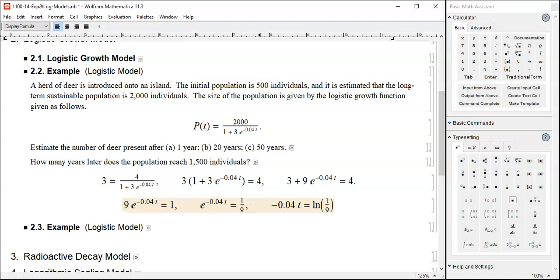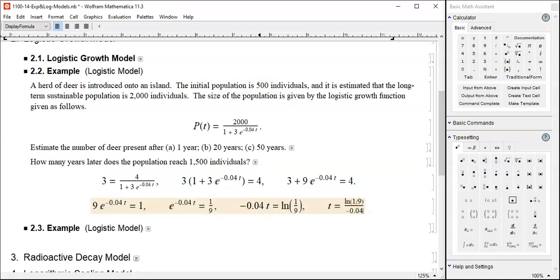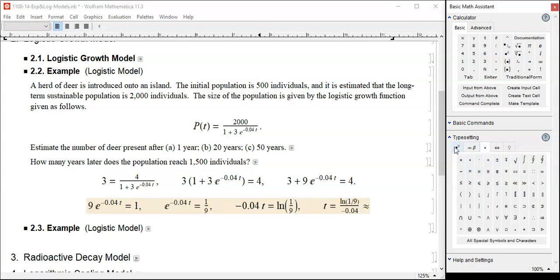Okay, this is what we had previously. By taking the natural logarithm, you can remove exponential and then divide by negative 0.04. t is equal to log of 1/9, which was there before, and then divided by negative 0.04. And of course, you can calculate it with your calculator.